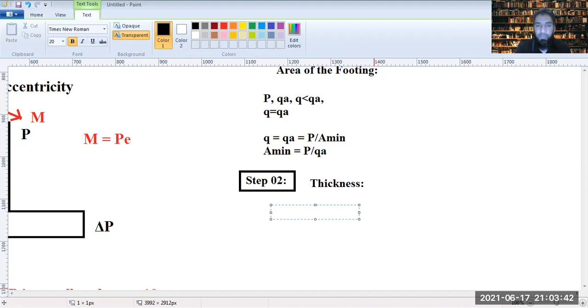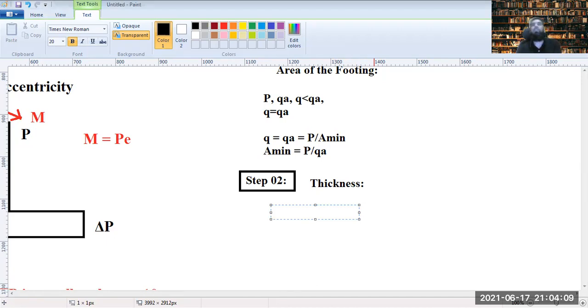What is it based upon? It's actually based upon the ratio of the column. For example, if you have a 300 cross 300 mm column, the ratio of column length to breadth is 1, 300 by 300. So you would naturally go for a footing with a length to breadth ratio of 1.